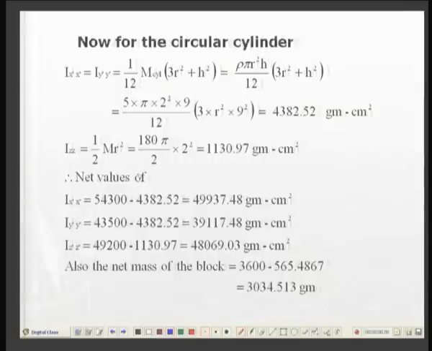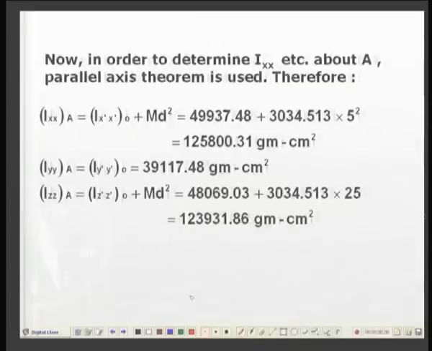So the net values for the net block, that is the solid rectangular block minus the cylindrical cavity, these are the three values: I x dash x dash, I y dash y dash, I z dash z dash, and the net mass of the block is 3034.513 grams. Okay. Now we are ready to apply the parallel axis theorem. Now let us go back to the figure.